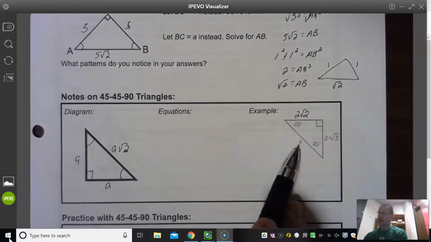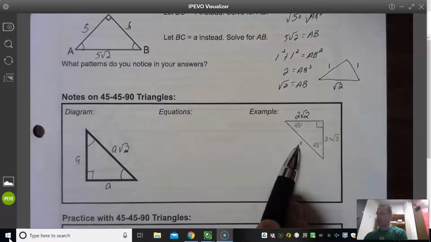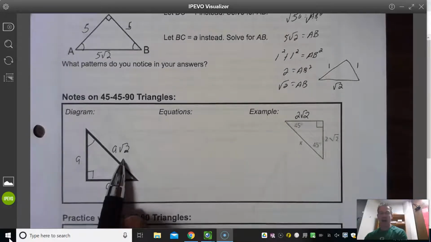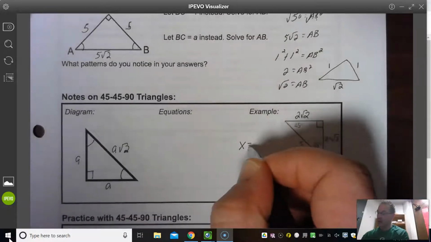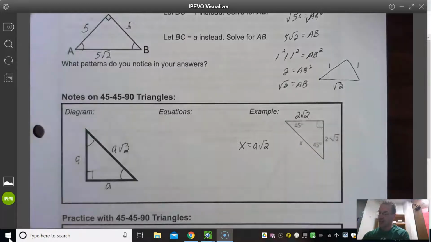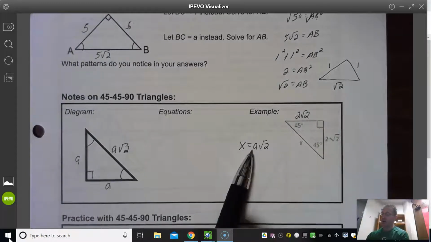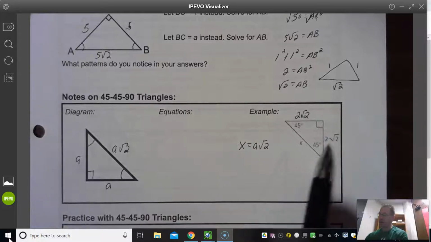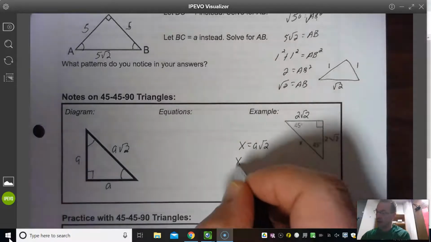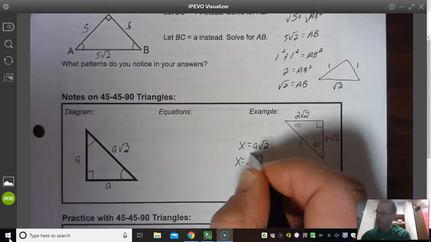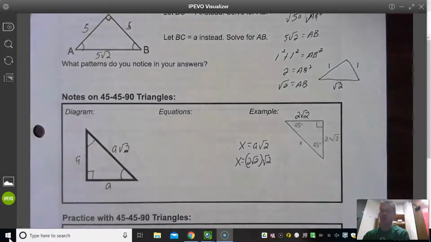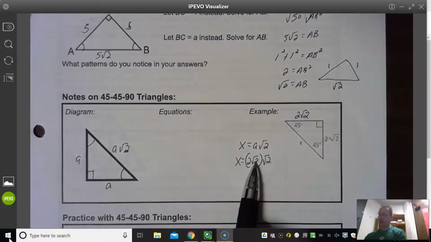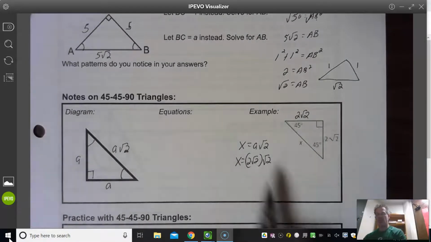Now, x is the hypotenuse, so x has to be A root 2. Once I know what A is, I can just plug it in, and A is our side length. So that would be 2 root 2 times root 2. And once again, root 2 times root 2 is root 4.